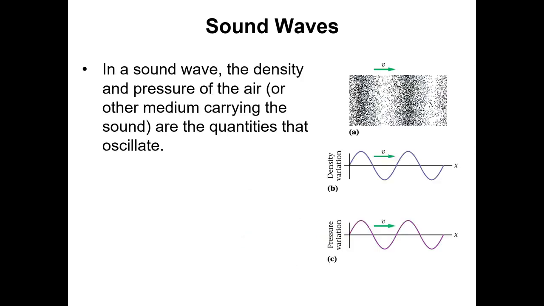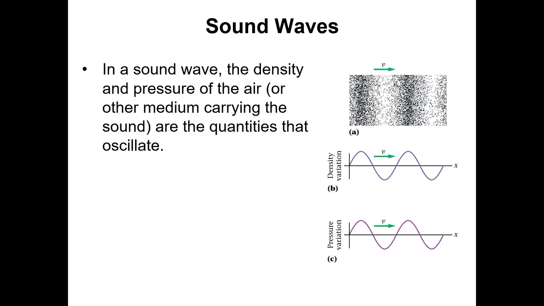Okay. So how does a sound wave look like? If you think of the individual air particles as the little dots here in the picture, where there are many dots clustered together, that's high density because it's more dense, right? More particles are closer to each other. And where they are farther apart, that's low density.